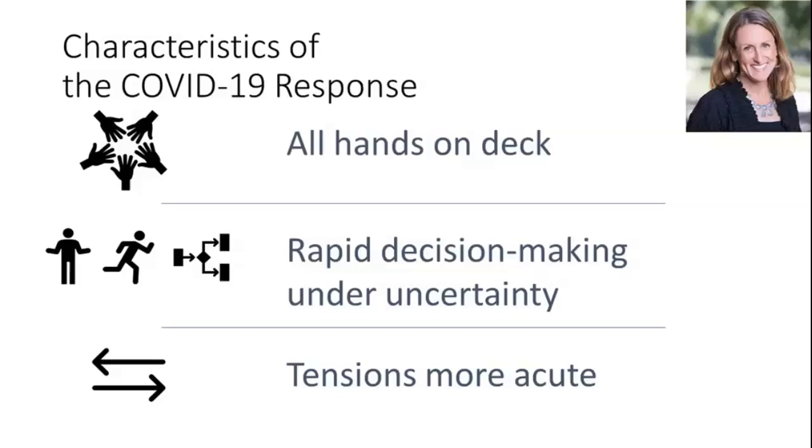The third characteristic is that tensions between data use and data protection are not new, but they are more acute than ever in the context of this crisis. Data about people is at the center of the coronavirus response in every country, whether it's administrative data for health facilities, real-time behavioral and mobility data, contact tracing.